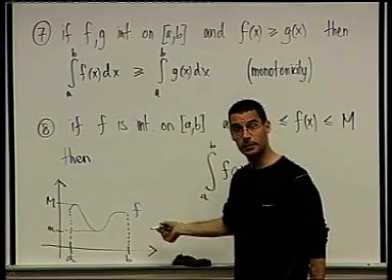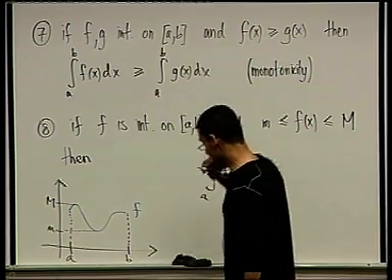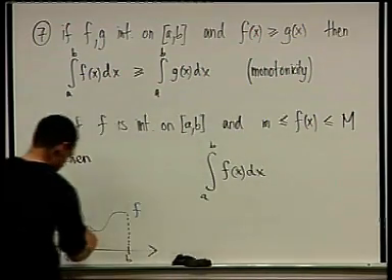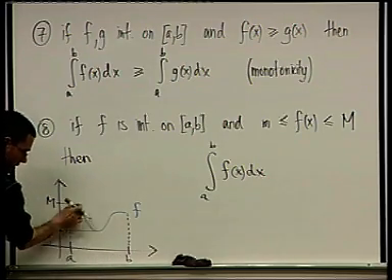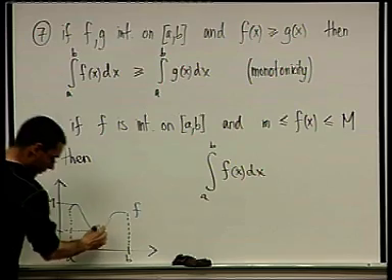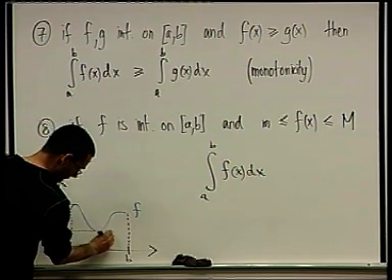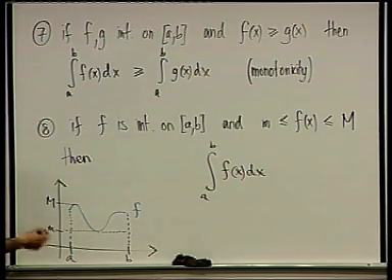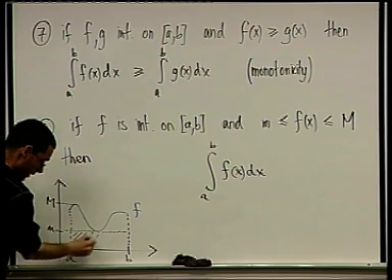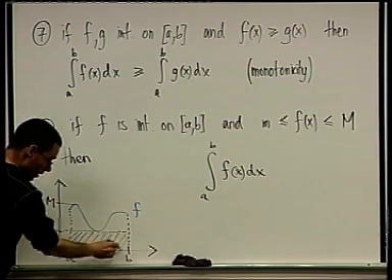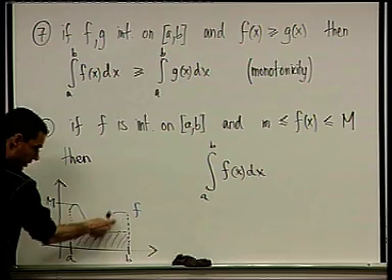Picture. Good? Okay. So the claim is that the area under the graph, which is the integral, that's this area under the blue graph, is greater than or equal to the area under little m, just this area, because there's also this area and there's also this area.